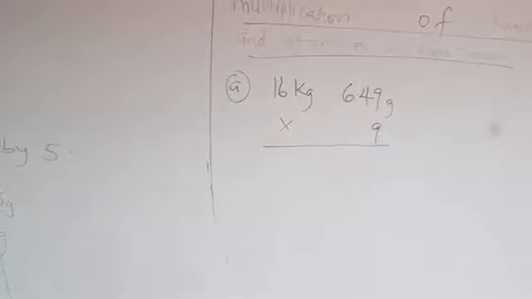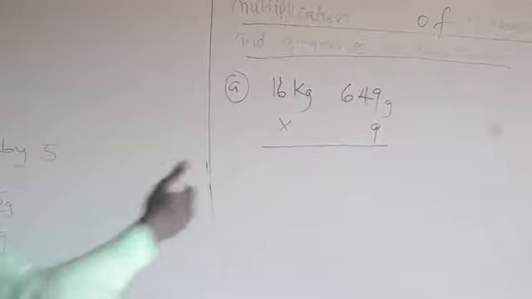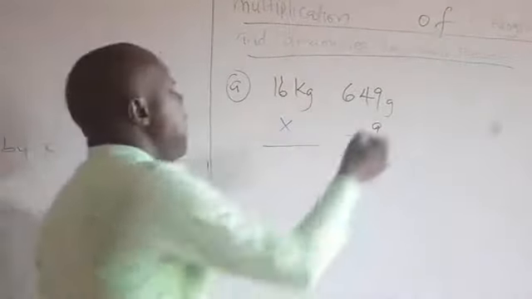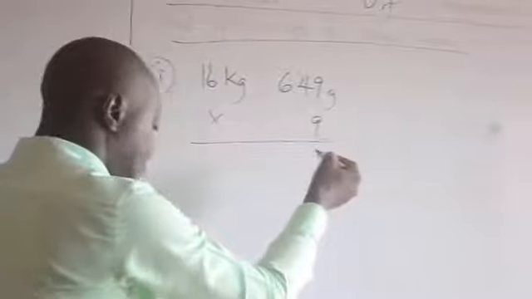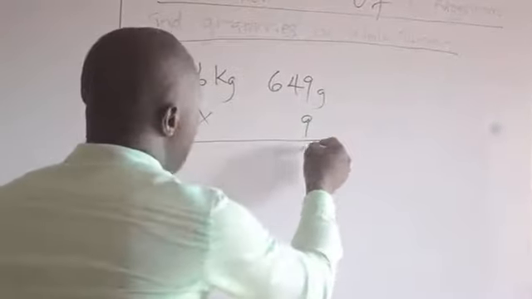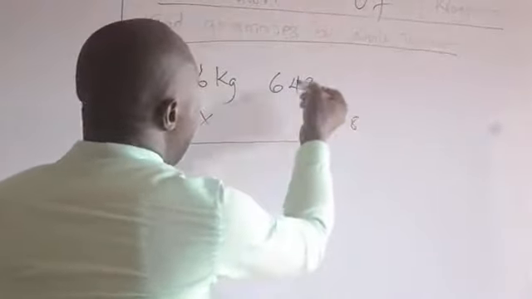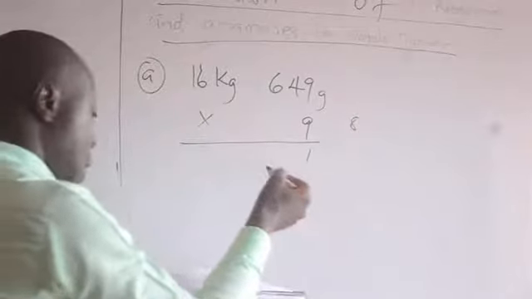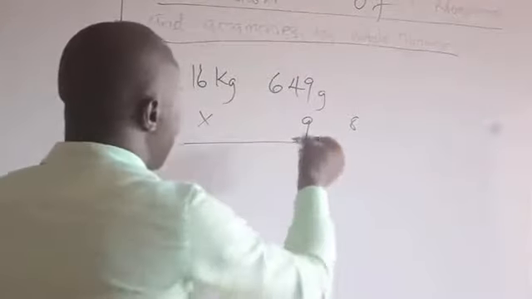So we have 16 kilogram, 649 grams times 9. So we have 9 times 9 will give us 81. We put down our 1, we carry our 8. 9 times 4 will give us 36 plus 8 will give us 44.